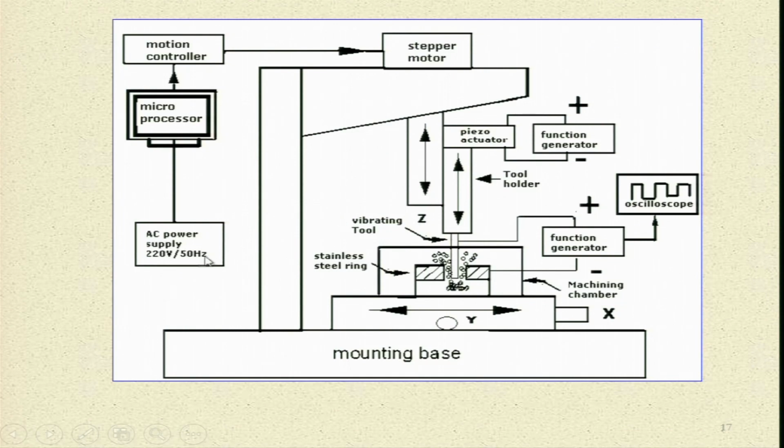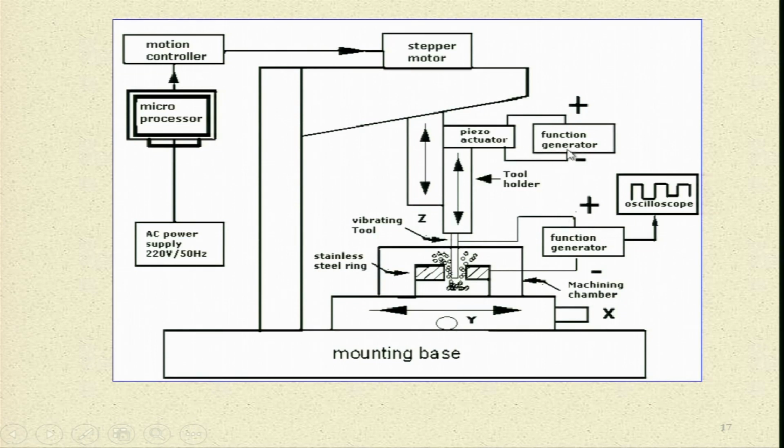Now, various things are shown over here. As I mentioned earlier, you can use DC pulse power or an AC power supply system. A microprocessor is there, then you have the stepper motor motion controller, because you have to control the tool over here. So, its motion has to be controlled properly so that you have proper machining.